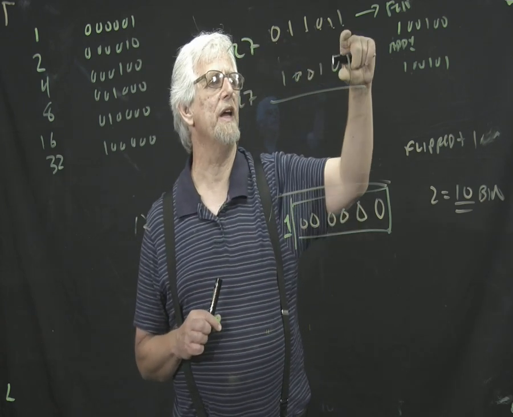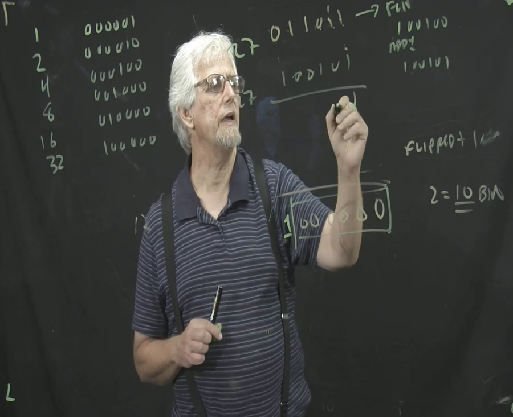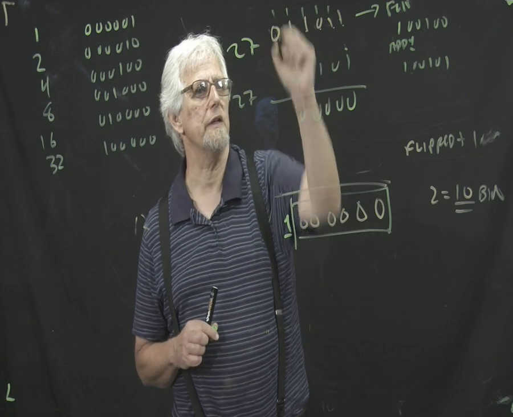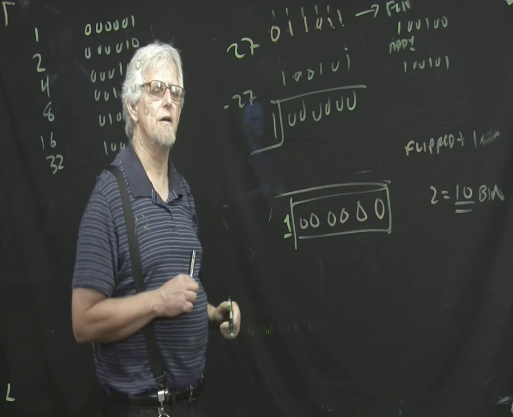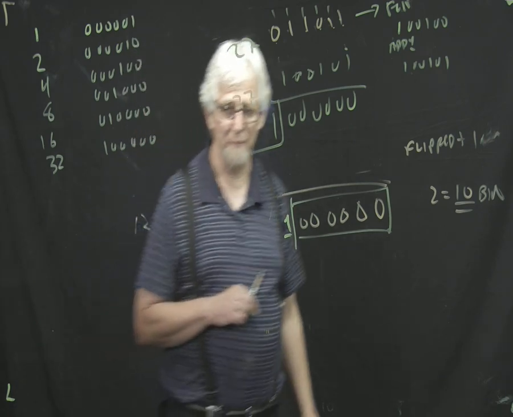So I flipped the bits from 27. I added 1. 1 with 1 is 0, 1 to carry, 0, 1 to carry, 0, 1 to carry, 0, 1 to carry, 0, 1 to carry. And we've got our minus 27. Happiness?